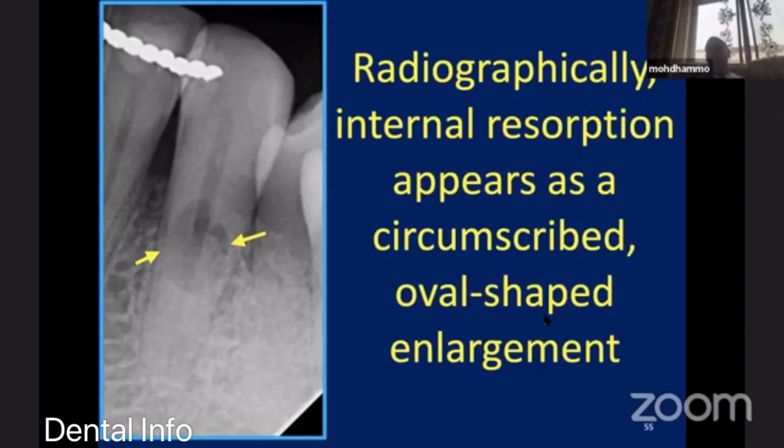We have a problem in diagnosis of internal resorption because radiographically, using the two-dimension periapical X-ray, we could not actually know if there is a perforation or the resorption is just inside the root canal system. We could not make such differentiation based on periapical two-dimension X-ray.